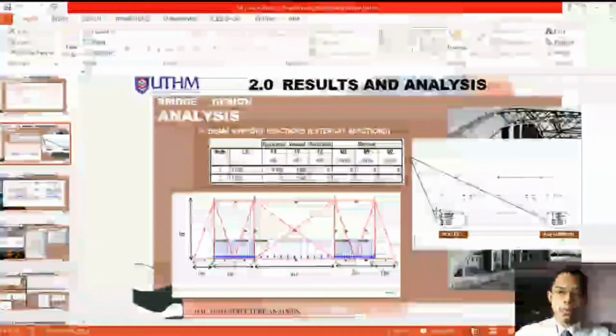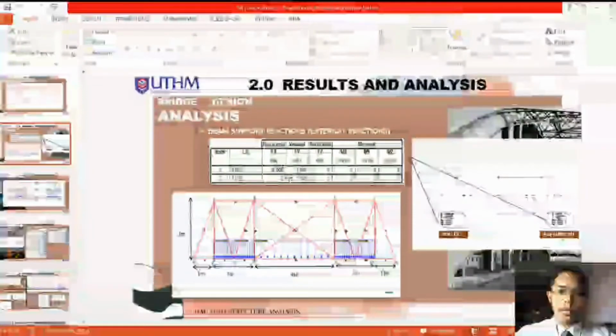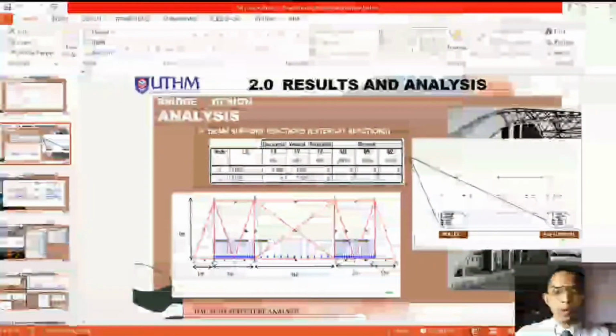Today I will be presenting the result analysis from the StatPro software. As you can see, here is our bridge model, and since all the forces are in the y direction, there is no horizontal force in the x direction. The vertical and y direction are the same because this is a uniformly distributed load, and if we divide and distribute this load, we get 7.840.